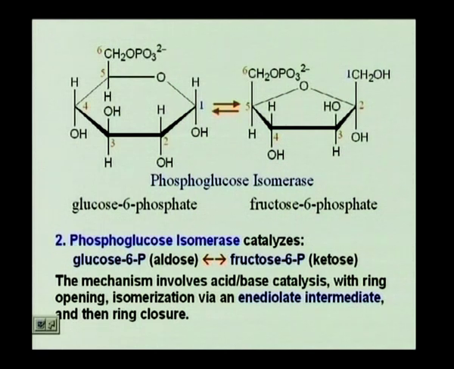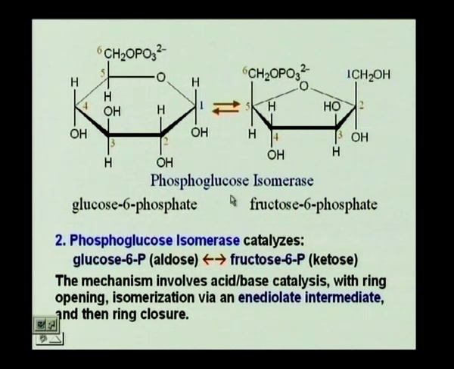Okay. What is this isomerase? It is a phosphoglucose isomerase, and what is happening here is the glucose 6 phosphate forms a fructose 6 phosphate, where instead of the aldehyde, the aldose, you have a ketose, right. You have the CH2OH up here now.